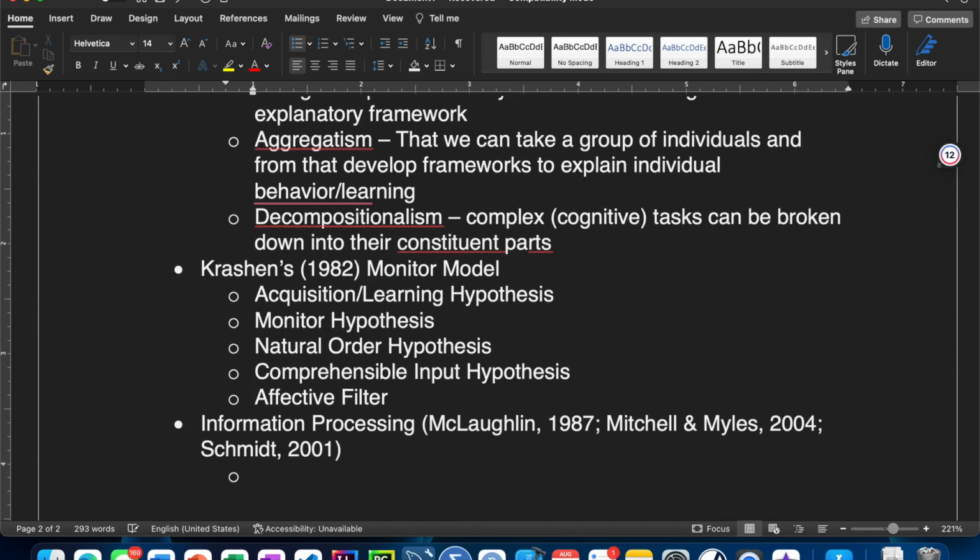And so when we're talking about information processing, we're talking about how the mind moves through the input that it's encountering and how some of that might be internalized into either learning in the case of explicit instructional context or acquisition in the case of unconscious learning.